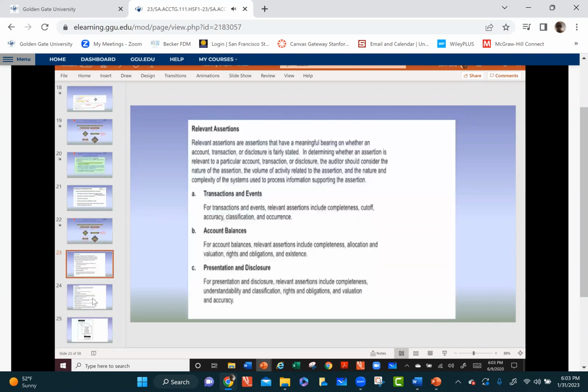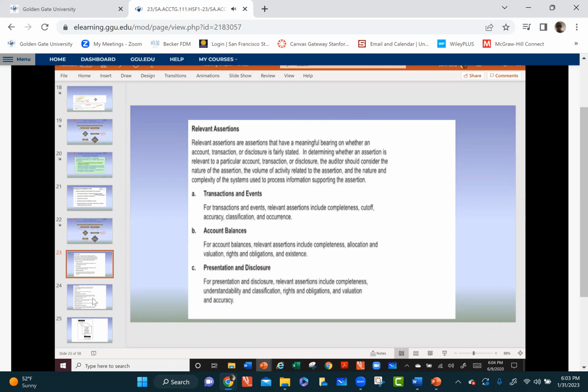Now, it is important that we know what our assertions are. From now on, we're going to think of financial statements as assertions. This is probably the most important thing you take away from this class: when you look at a set of financial statements, you don't look at them in terms of numbers or account balances.